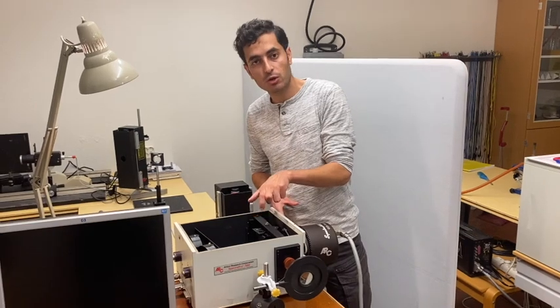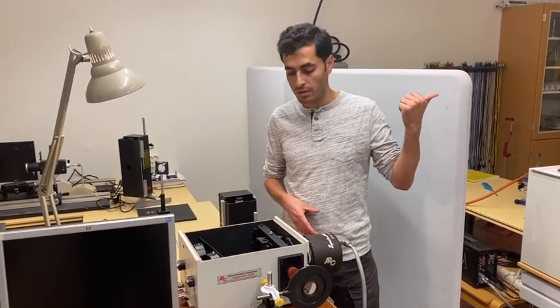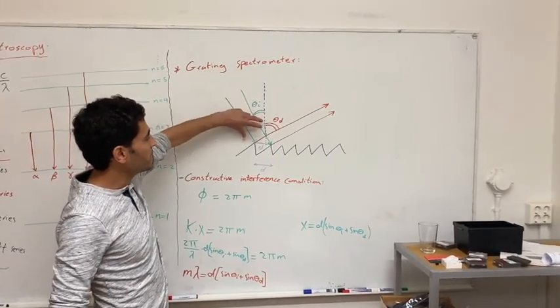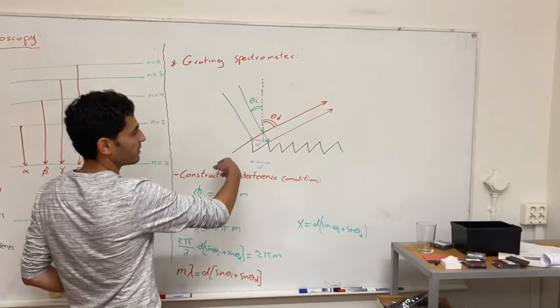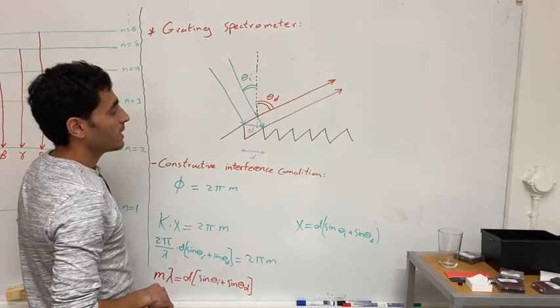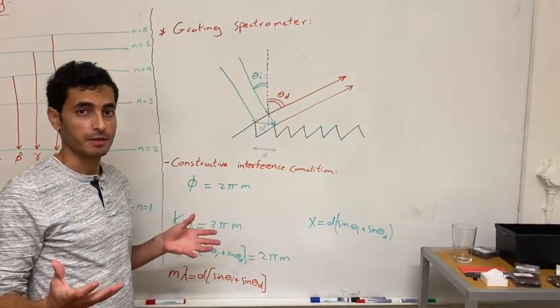It would be interesting to know how exactly that works, and we will show that on the whiteboard. Okay, so we have the incident light coming in here into the grating, and then we have the diffracted light at a different angle here. We're basically talking about some form of interference happening here.